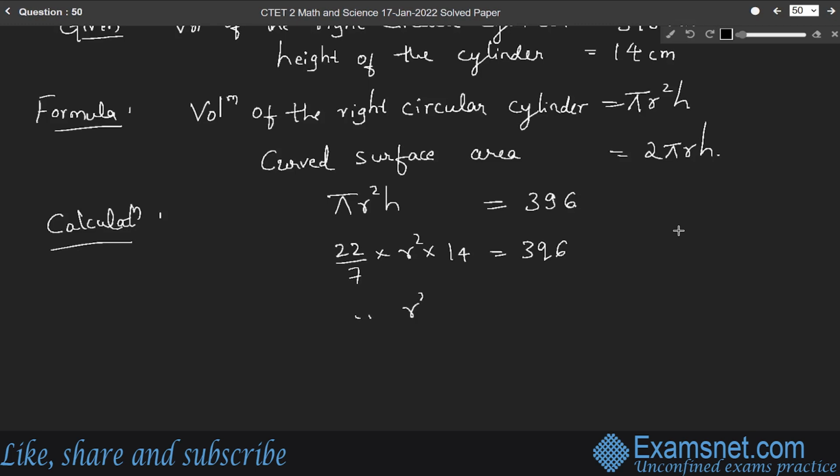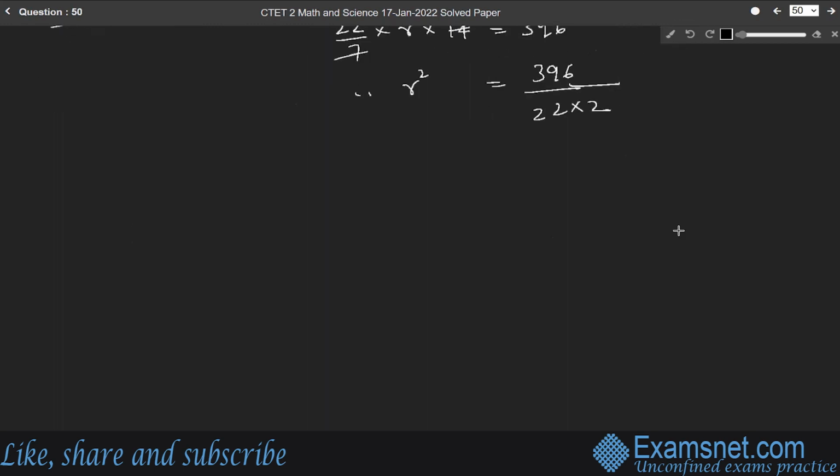Therefore, r square is equal to 396 divided by 22 into 2, so r square is 9. Radius of the circular cylinder is 3 centimeter.